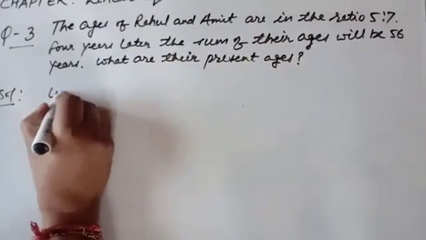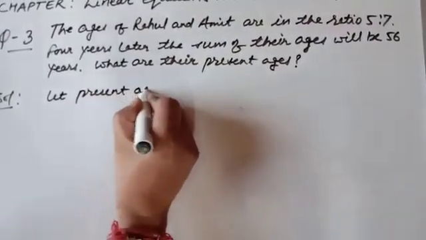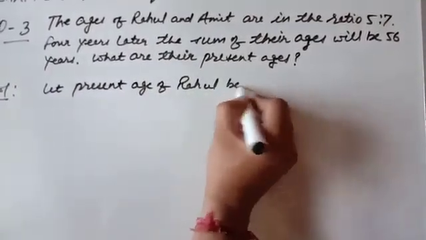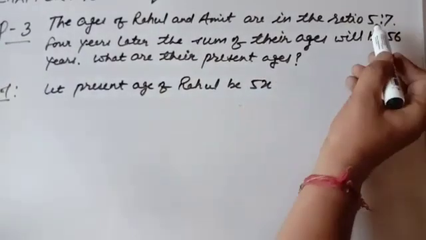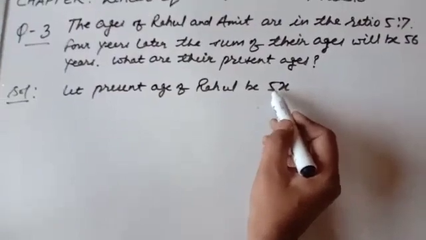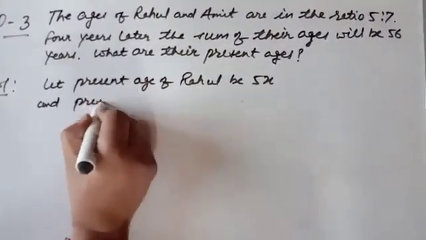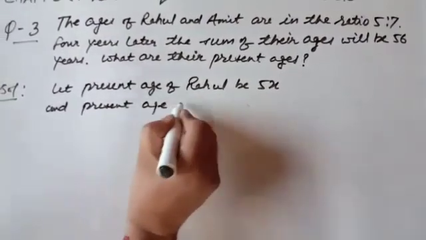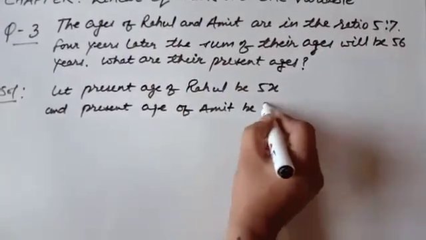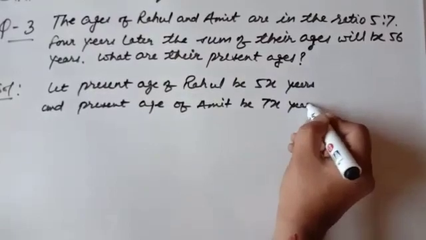So let the present age of Rahul be 5x, because the ages are given in the ratio. So we will take the variable with the ratio, and the present age of Amit be 7x years.